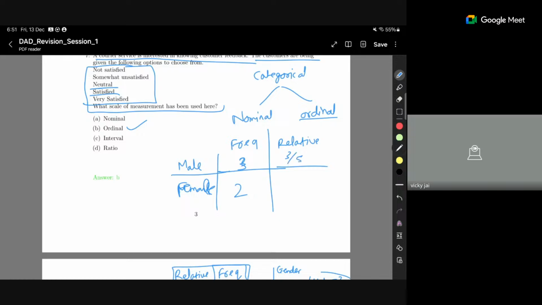So 3 divided by 5, that is total, and 2 divided by 5. From this you get 0.6 here and 0.4 here. If you write in percentage, it's going to be 60% and 40%. However you write, these are numbers. This is frequency, this is relative frequency.